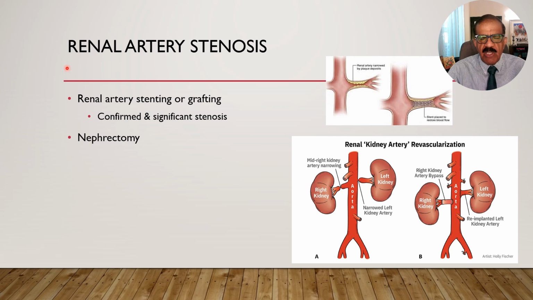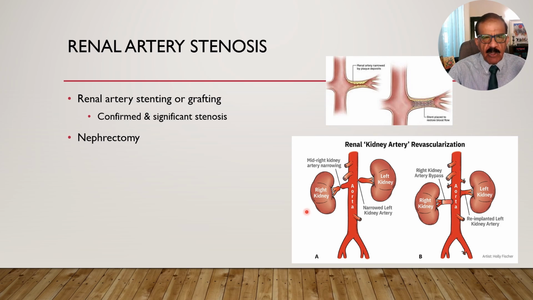Now, this is renal artery stenosis. Though not common, there is a possibility of cure if you have made a diagnosis of renal artery stenosis. Now, this is the renal artery which is stenosed. You could place a stent, and this is the mesh, this is the stent. So, not exactly non-invasive, but just without opening the patient, passing a catheter by an interventional radiologist and deploying a stent in the renal artery could improve renal perfusion, and blood pressure might come down, or at least your medication might be reduced.